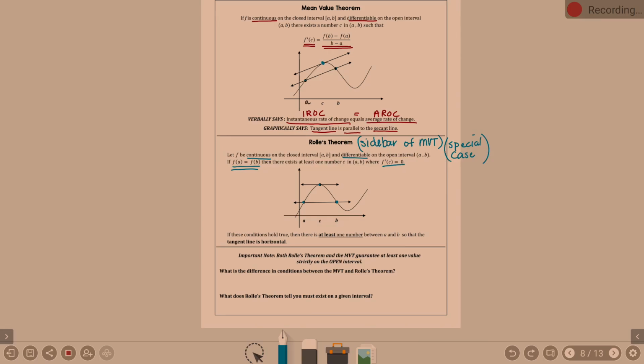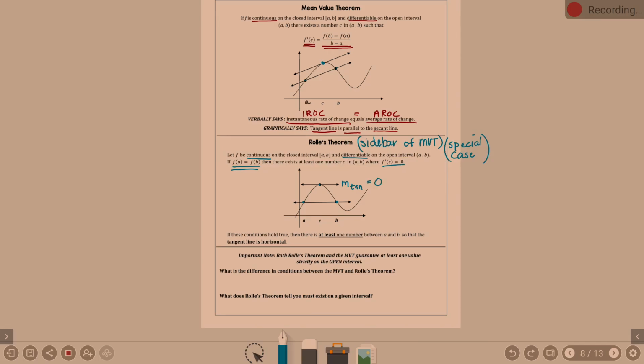Okay. If these conditions hold true, then there's at least one number in between A and B where the tangent line is horizontal. Have I made that make sense at least a little bit? Obviously when we look at some of the examples, it'll make more sense, but I have written in mind the slope of the tangent line is 0 here.